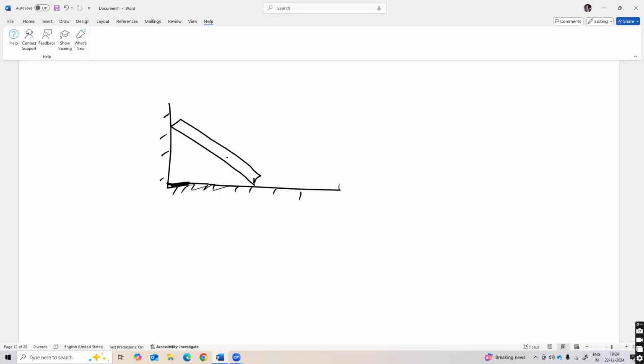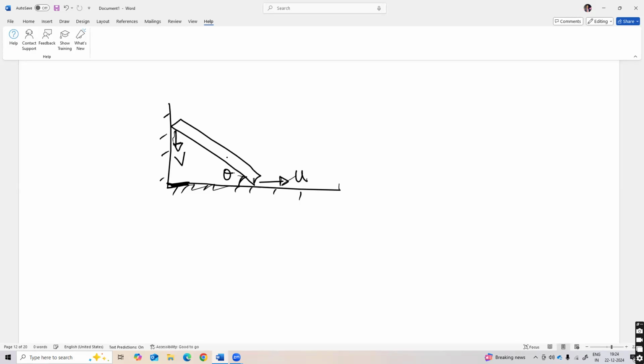This angle is theta. This rod is moving at velocity u in the horizontal direction, and this end of the rod is moving with velocity, let's say, v.